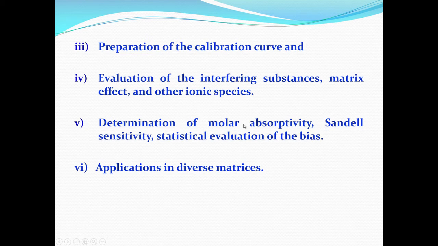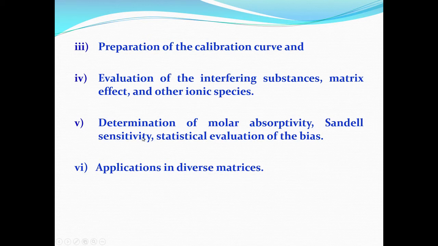Then the determination of molar absorptivity, Sandell sensitivity, and statistical evaluation of the bias is more important. For example, molar absorptivity will tell us about the sensitivity of the method, and sensitivity is also defined by Sandell sensitivity, that is the concentration of the substance that gives you 0.001 absorbance per square centimeter.